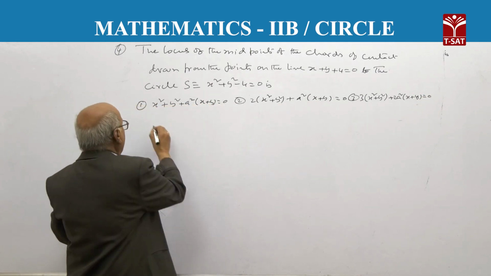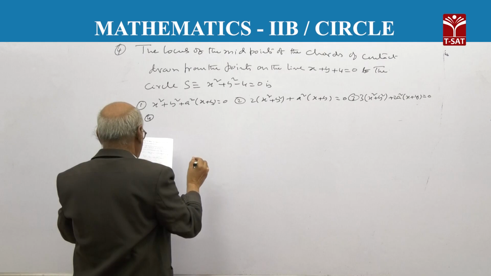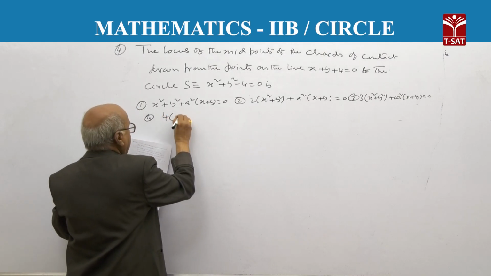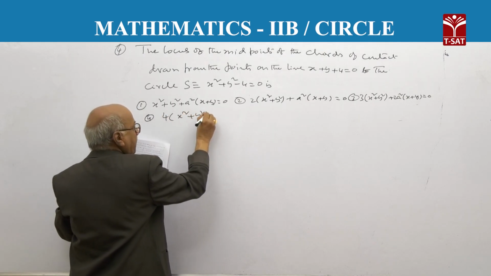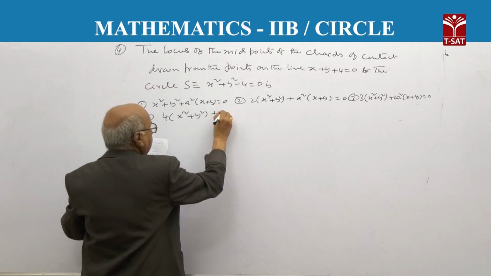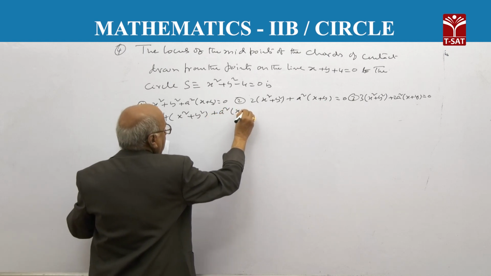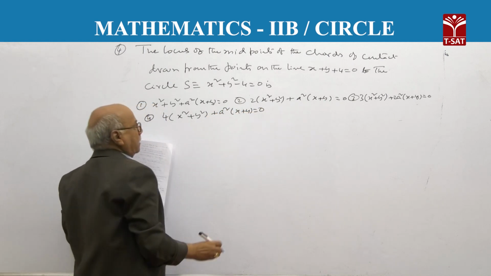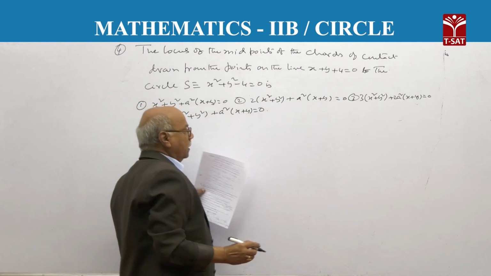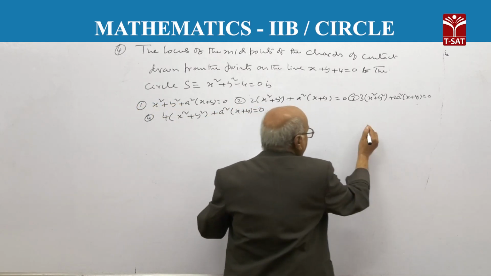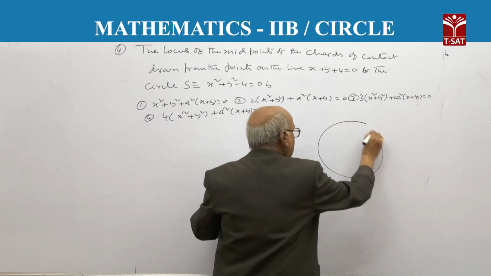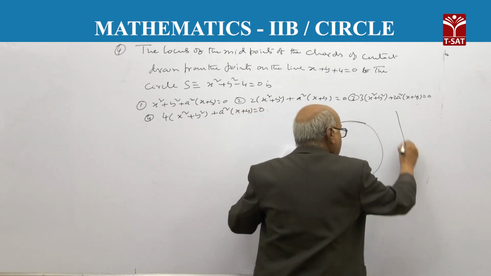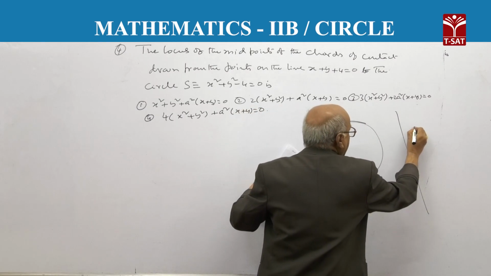And lastly, 4. 4 into x square plus y square plus a square into x plus y is equal to 0. Right?